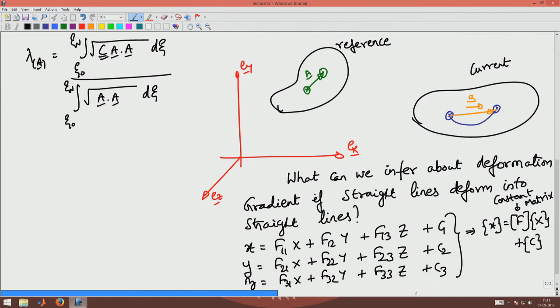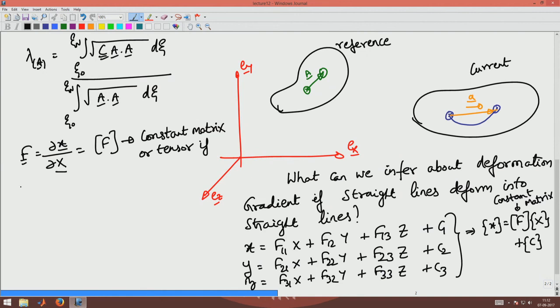So, what we infer from here is that the deformation gradient F, which is dou x by dou capital X, would be this matrix F. This is a constant matrix or tensor if straight lines deform as straight lines.